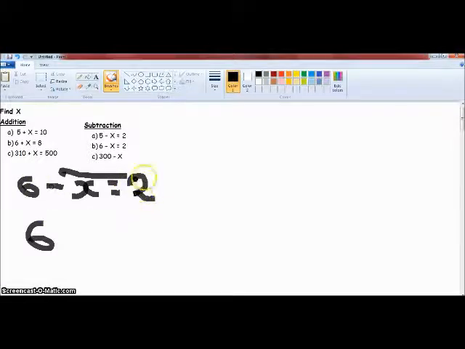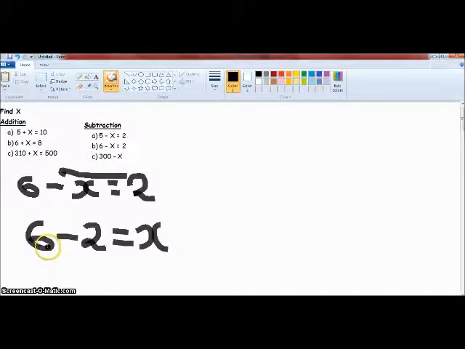Now since this 2 here is positive, because it is crossing over the equal sign, it will become negative, so it will be 6 minus 2 equals, we are taking this x over to the right side, and so it will become positive x.